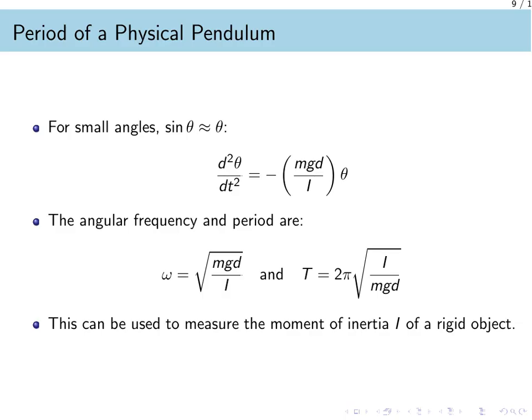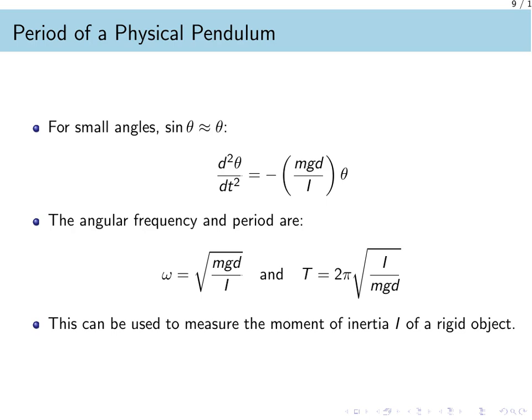Just as we did before, we apply the small angle approximation so that the sine of theta becomes roughly equal to theta. This gives us an equation where the second derivative of the angle equals negative mass times gravity times distance d divided by the moment of inertia, all multiplied by the angle theta.